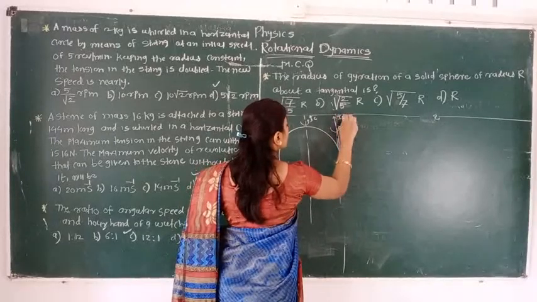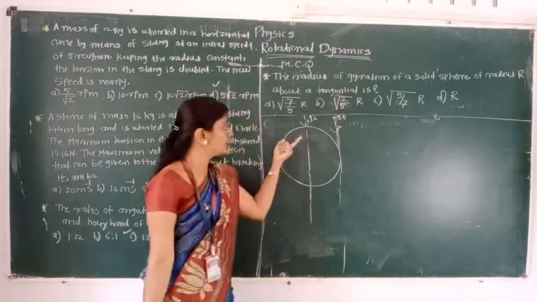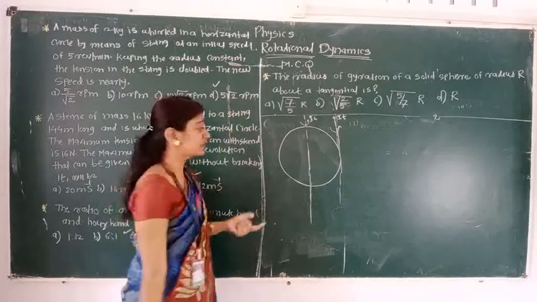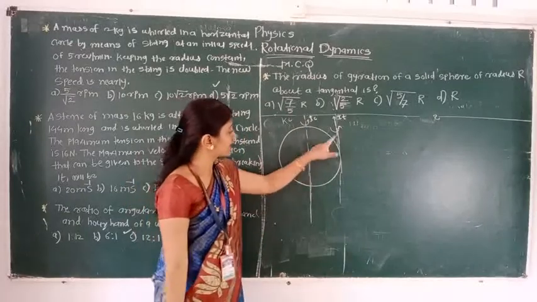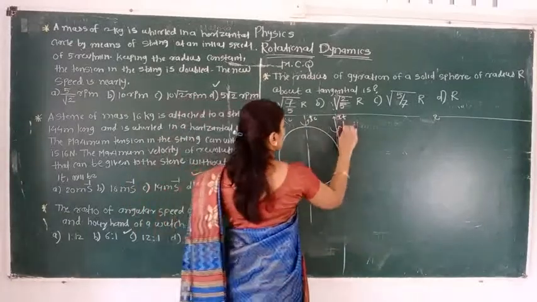Here we will get IT. The radius of gyration about the axis passing through the center is KC, and the radius of gyration about the axis passing through the tangent is KT.